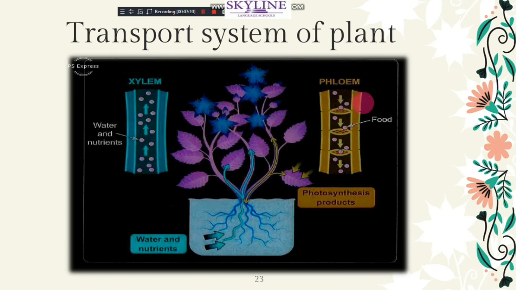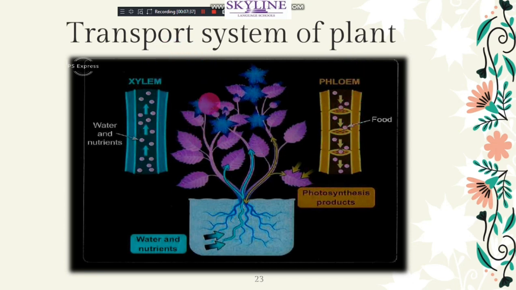What about the vessel of phloem? Vessel means a tube. Phloem vessels take the food. Where is the food formed? The food is formed inside the leaves. So does it go up or down? It goes down to the stem and roots and all other parts of the plant. So the phloem takes the sugar or glucose to other parts of the plant, so it goes down.